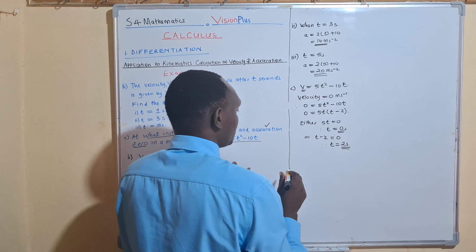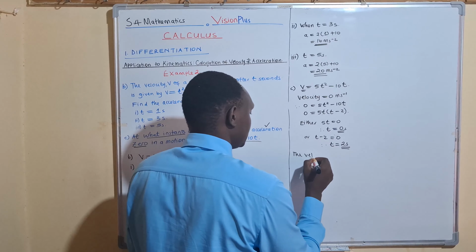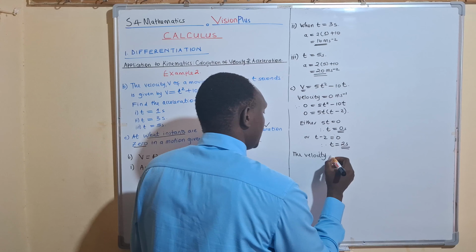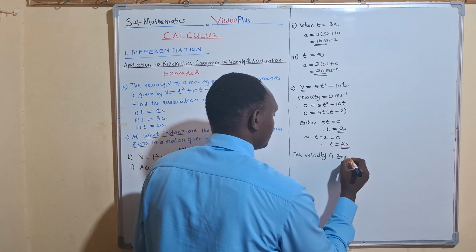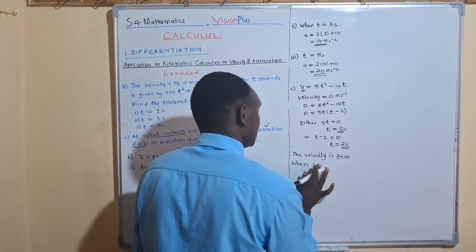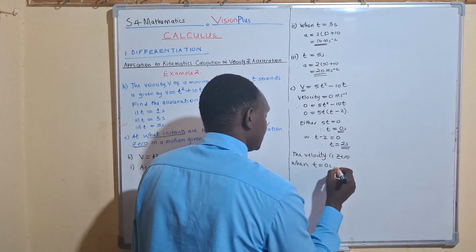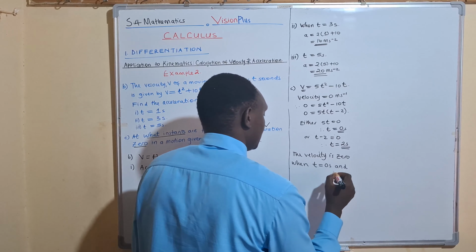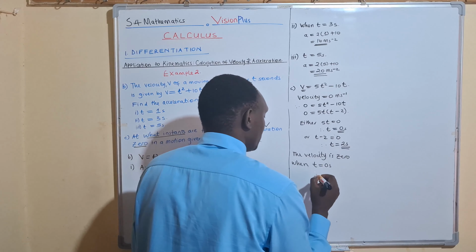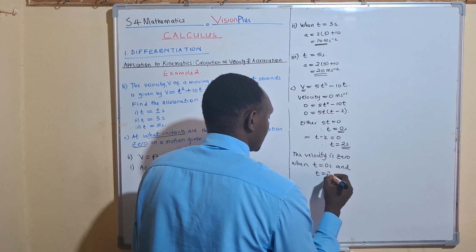So the velocity is 0 when t equals 0 seconds and when t equals 2 seconds.